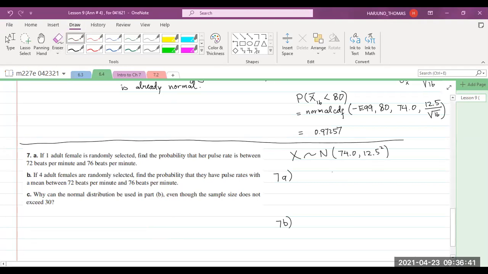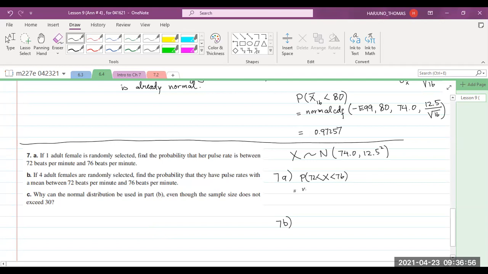So part A, what is the probability that a randomly selected adult female, that's X, has heartbeat between 72 to 76 beats per minute?